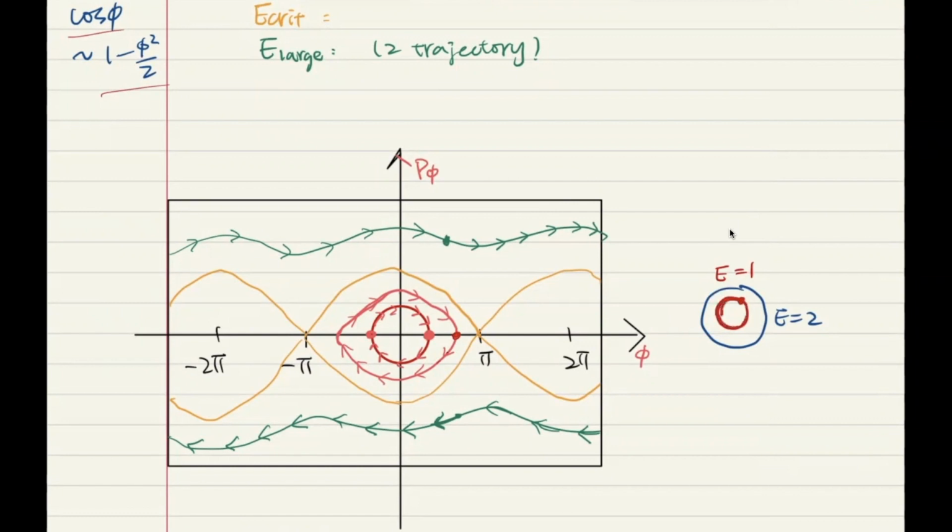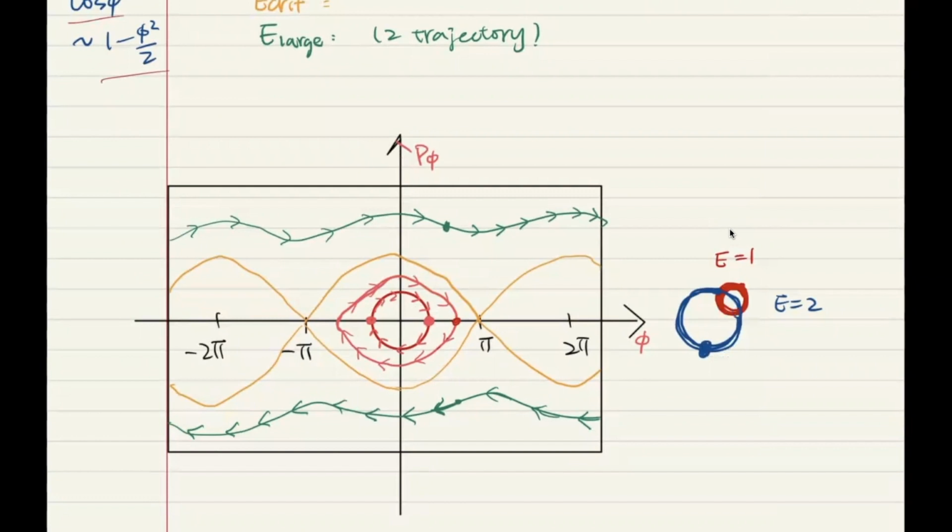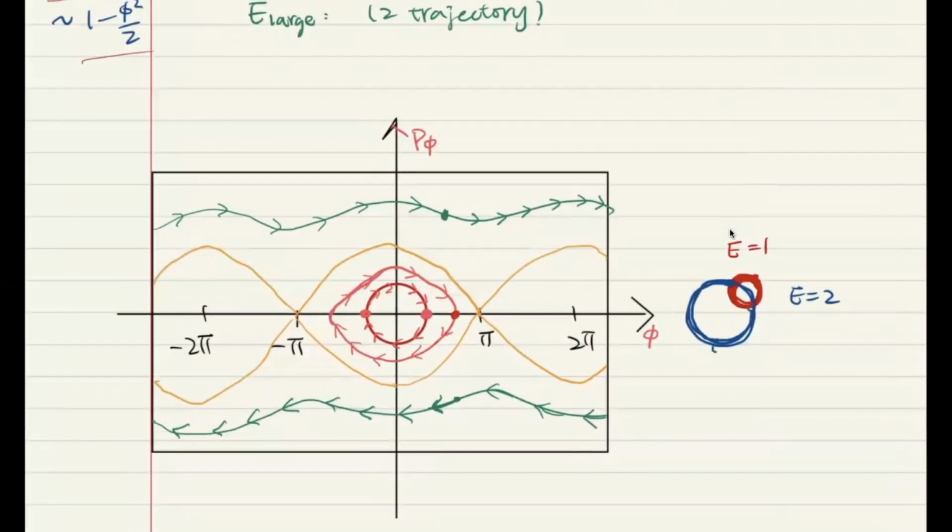So this guy has no choice but to stay on the same trajectory. And the particle with higher energy will stay in its trajectory. These two trajectories can never cross like this. Because if they cross like this, then the particle will be very confused. So as my particle travels over, then the energy will be 2 joules.